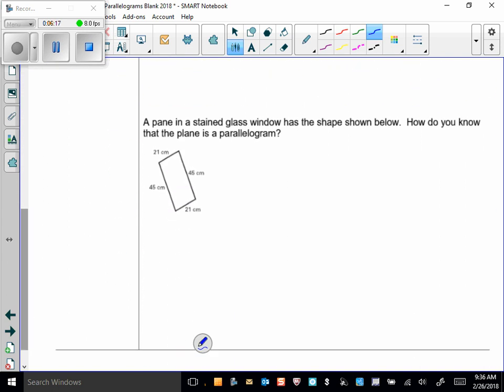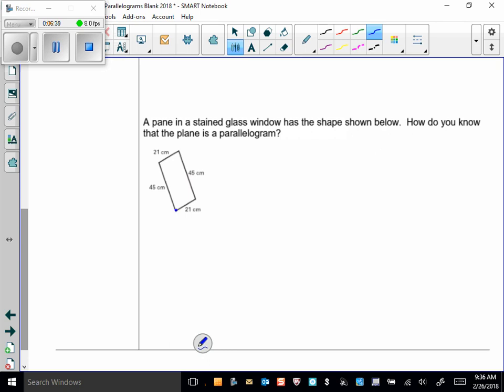Okay, and now I think what we have left are just a few more sample problems. I'll do this one and I'm going to let you do the last page by yourself. A pane in a stained glass window has the shape shown below. Is it a parallelogram or is it not? That's what we'd have to decide.